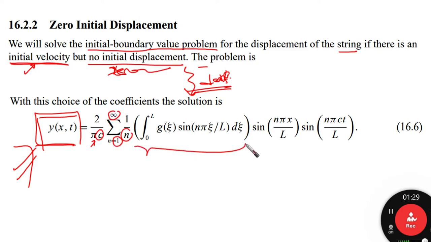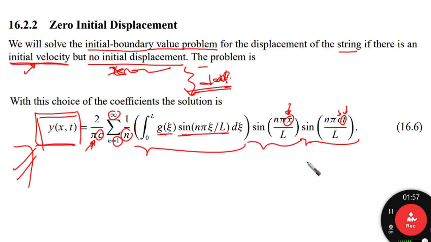The first term is an integration from 0 to L of g(z) sine n pi z over L, times another term that gives us the contribution of x, sine n pi x over L, times another term, sine n pi c t over L. And always we have c here and c here, which is the constant.